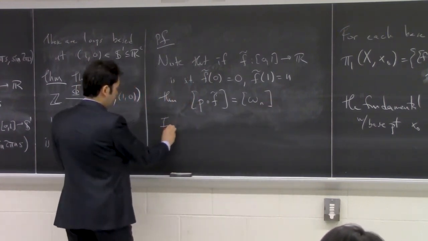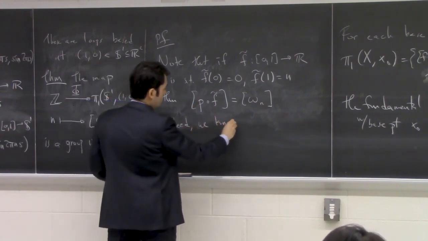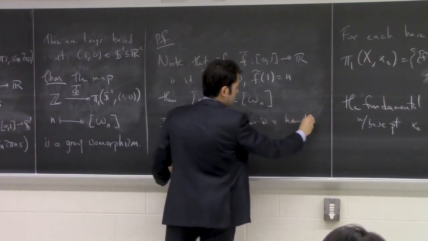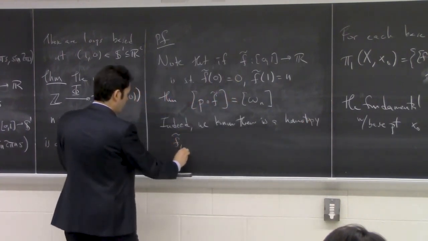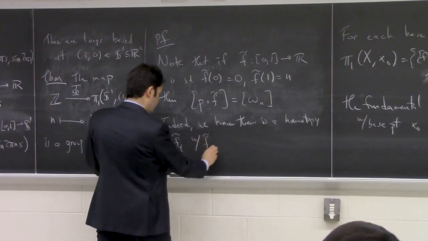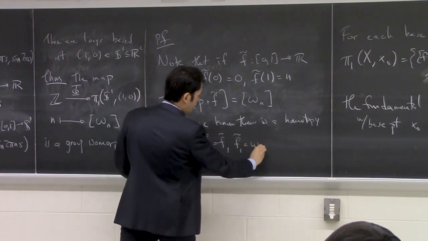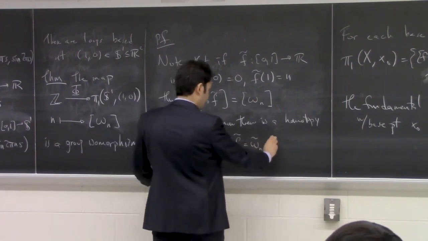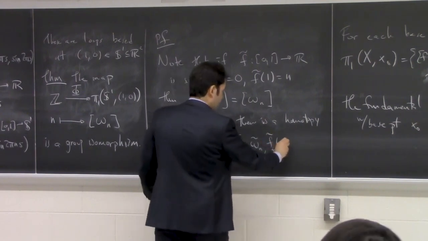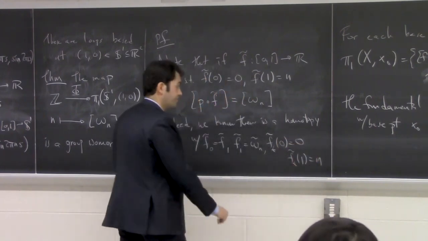Right? And the reason is that we know there is a homotopy, call it f tilde t, with f tilde 0 equal to f tilde and f tilde 1 equal to omega n tilde, and fixed endpoints. So f tilde t of 0 is 0, and f tilde t of 1 is always n. Right?